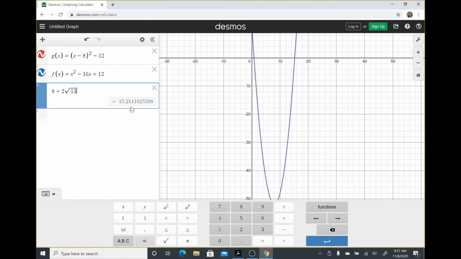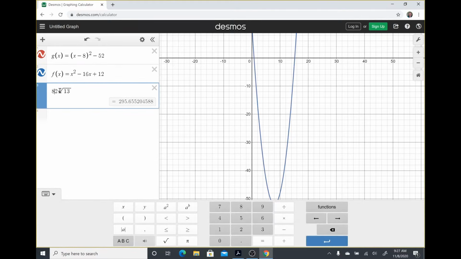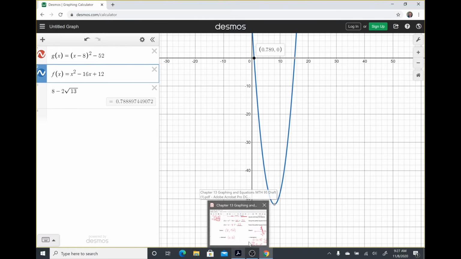Alright, so they think that one of the x-intercepts is at 15.2. Oh, looks good. Okay, and then this other one, okay, it was 8 minus 2 square root of 13. Yeah, looks good. Alright, we did it. That seems like a good place to stop.